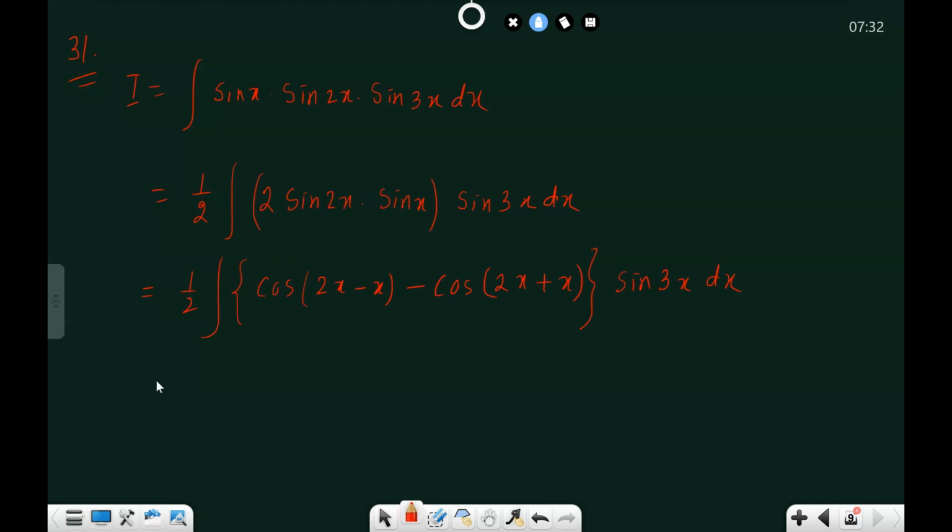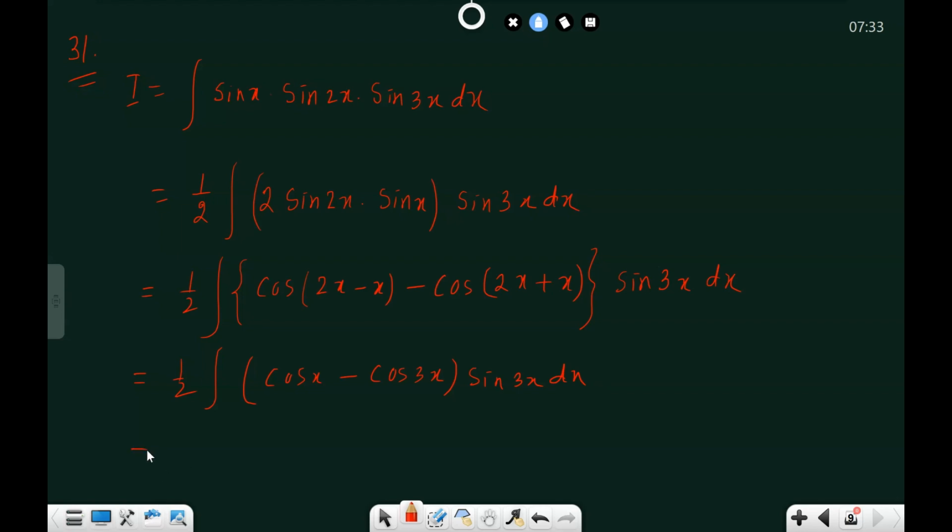So now I can write this is equal to half of integration. Now what is this? This is simply cos x minus, what is this? This is cos of thrice x, and sine 3x is already there, and dx.